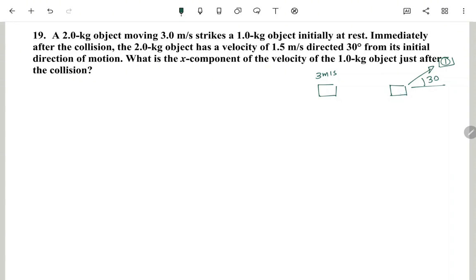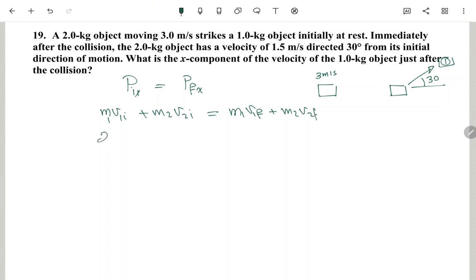Now, since it's asked about the x component, in this case I need to use the momentum x components. So P initial x equals P final x, or M1 V1 initial plus M2 V2 initial equals M1 V1 final plus M2 V2 final.